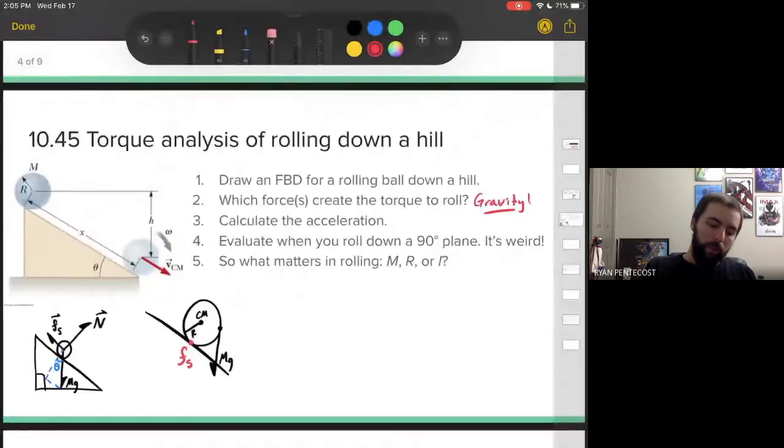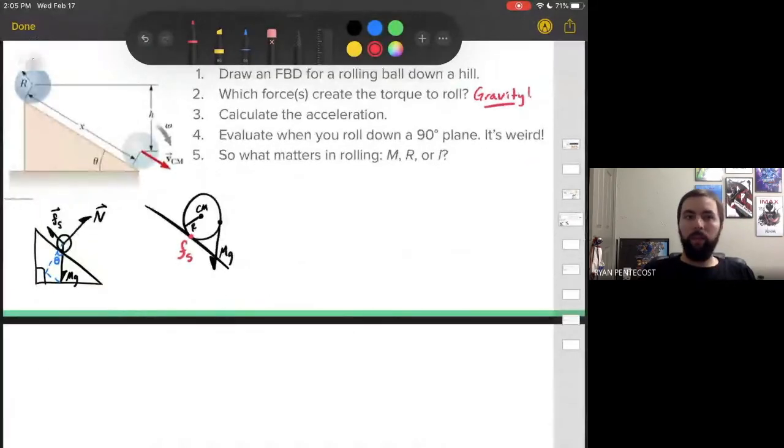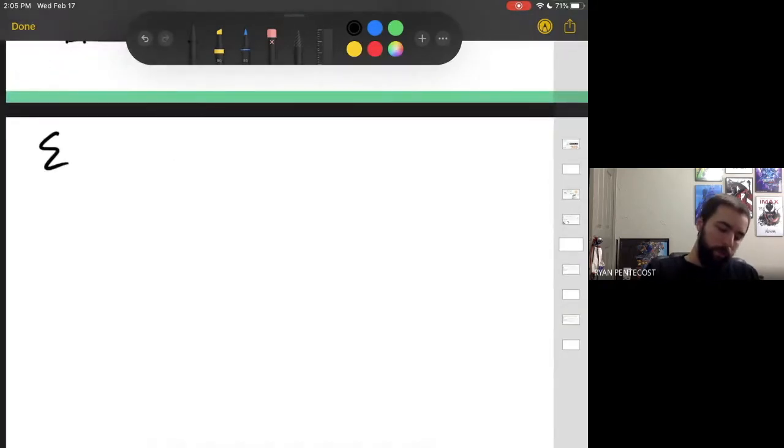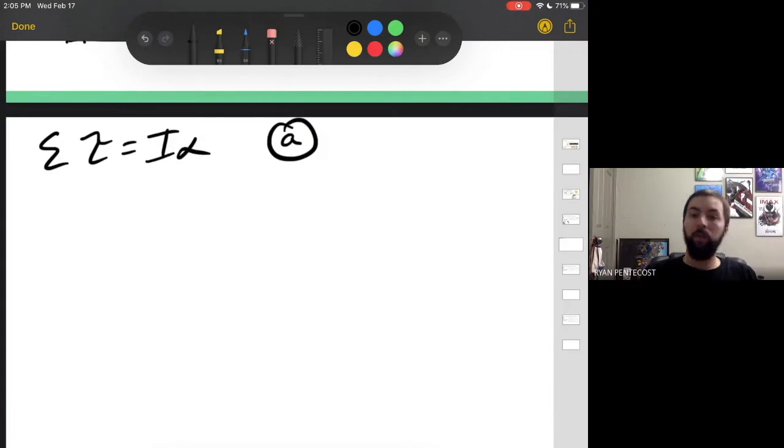Now, it then asks us to calculate the acceleration. So we're going to use torque to do that. So let's go down here below. We will use the equation torque equals I alpha because our goal is acceleration. Now it said acceleration, so we're going to assume that's linear, not angular acceleration.